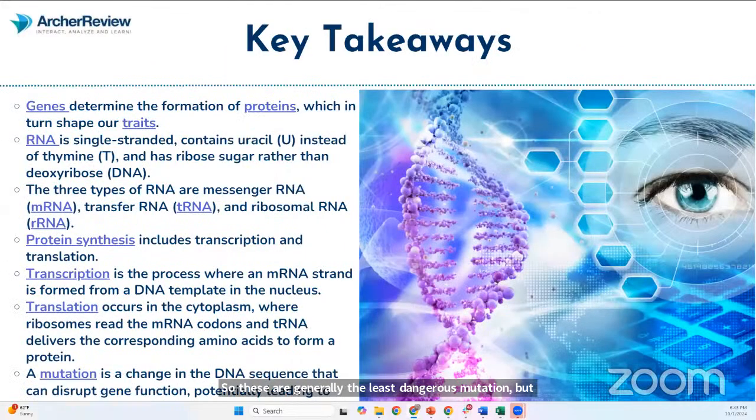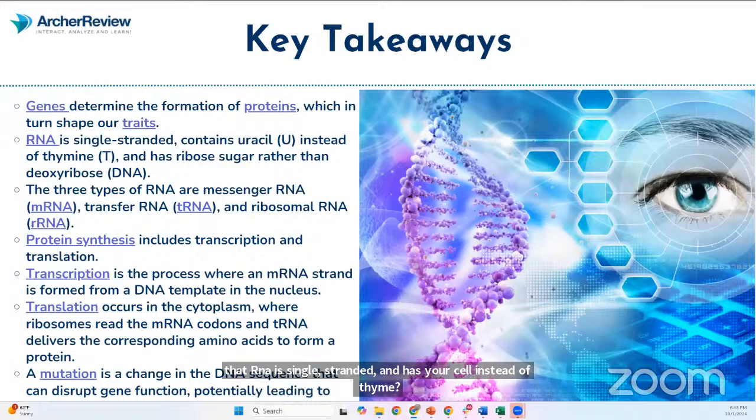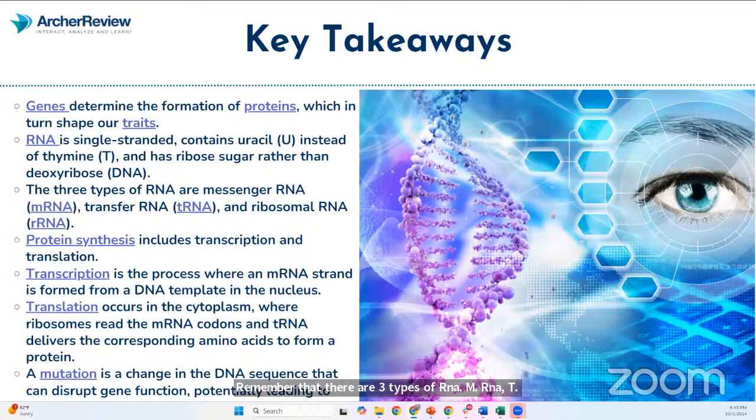All right, we are wrapping this one up with some key takeaways. Genes determine the formation of proteins, which in turn shape our traits. And that is a big biological concept. So it's important that we reiterate that here. Remember that RNA is single-stranded and has uracil instead of thymine. Remember that there are 3 types of RNA: mRNA, tRNA, and rRNA.